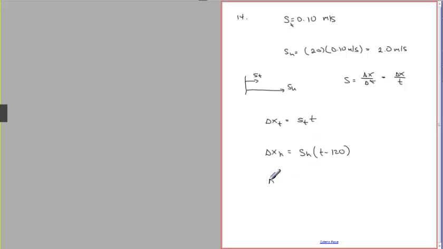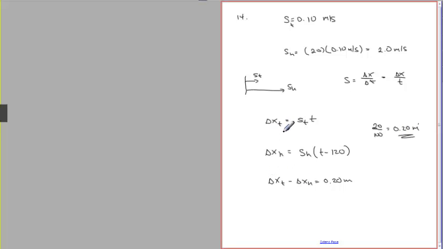And we also know that the difference between the distance the tortoise travels and the distance the hare travels is 20 centimeters, which is 0.20 meters. We take 20, divide by 100 to get from centimeters to meters, so you have 0.2 meters.